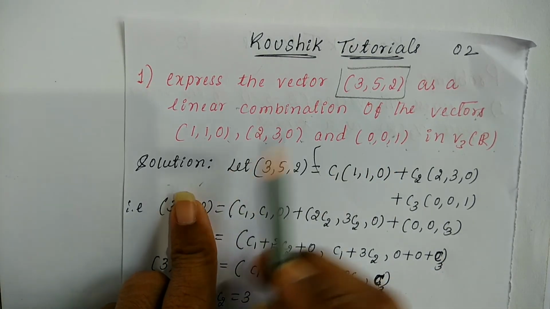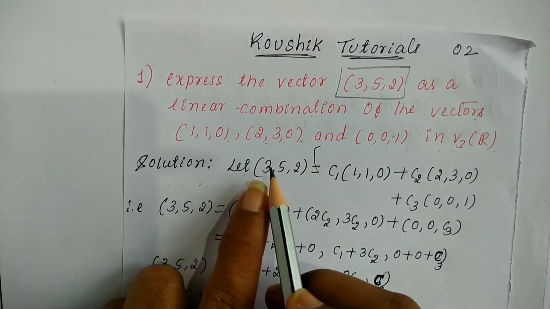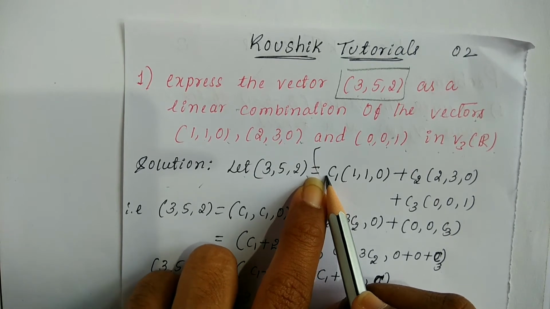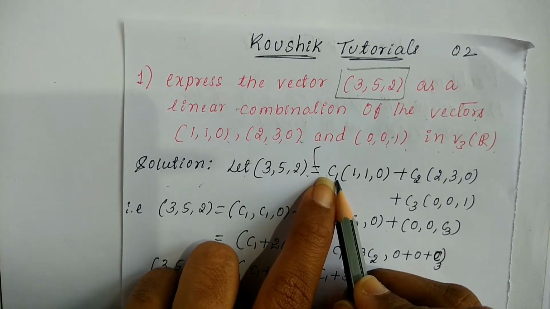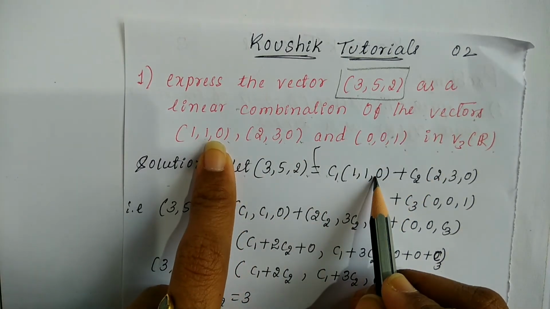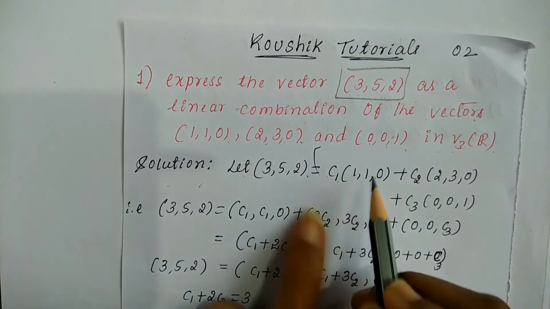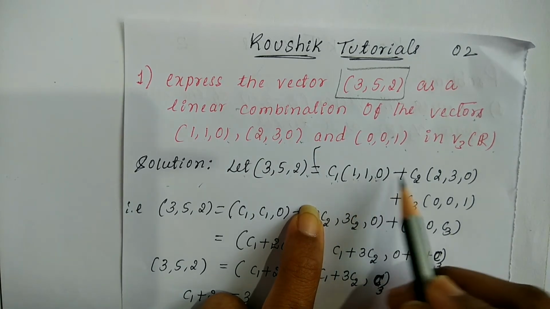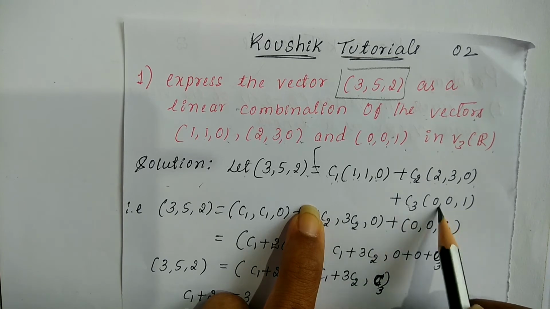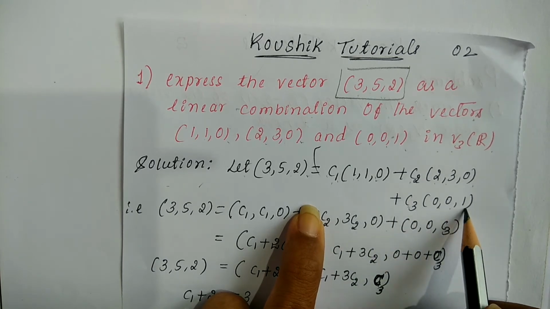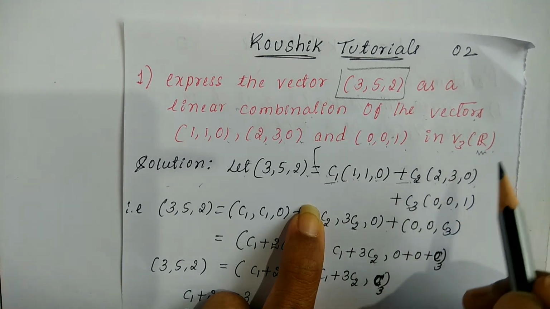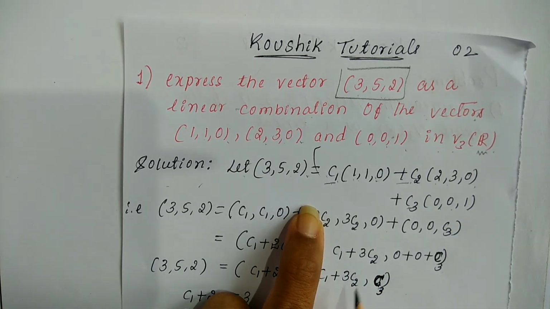We have to express the vector (3, 5, 2). For that, take (3, 5, 2), the triplet, which is equal to a linear combination of the vectors (1, 1, 0), (2, 3, 0), (0, 0, 1). So C1 times (1, 1, 0) plus C2 times (2, 3, 0) plus C3 times (0, 0, 1). Is it okay? Here C1, C2, C3 belong to R, that is the field of scalars.